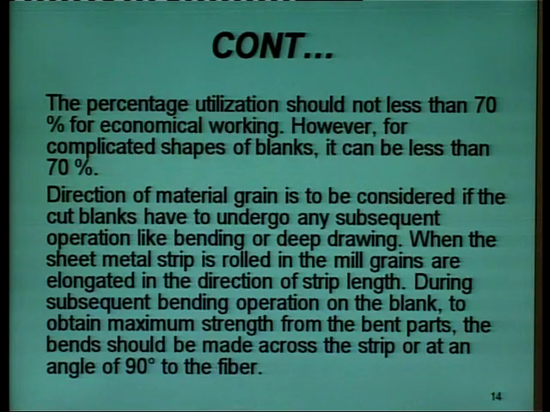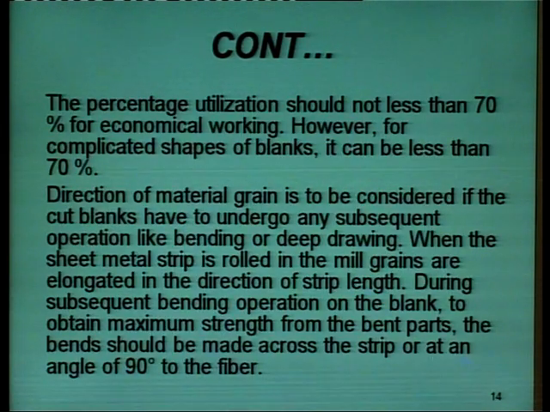Next comes the direction of the material grain. It is very important what the direction of the material grain is. The direction of material grain is considered if the cut blanks have to undergo any subsequent operation like bending or deep drawing. When the sheet metal is rolled in the mills, the grains are elongated in the direction of strip length.